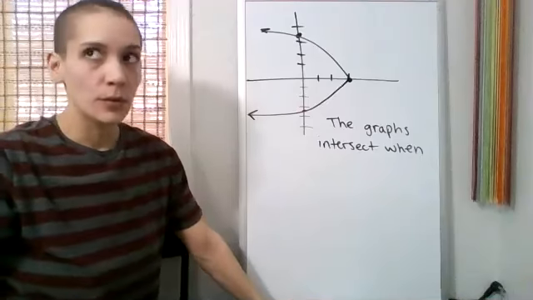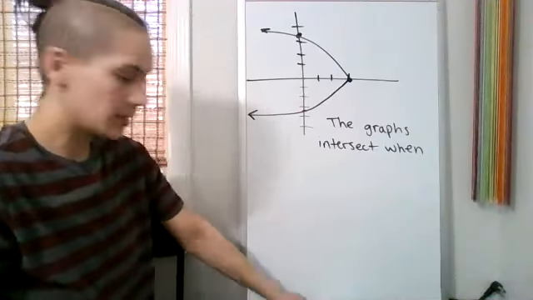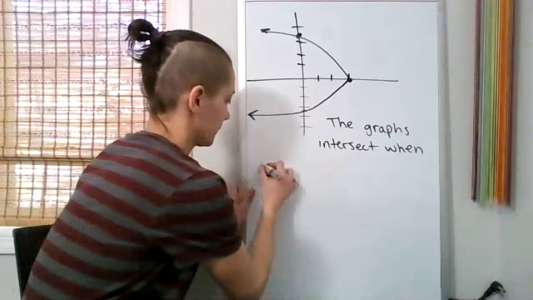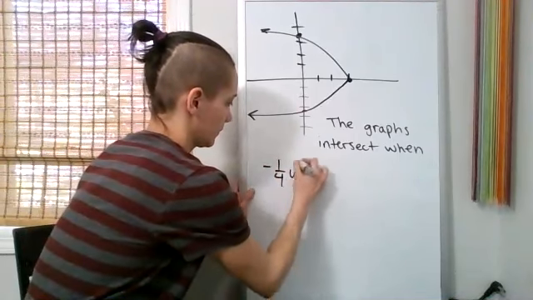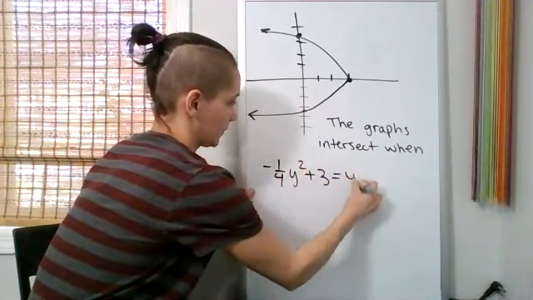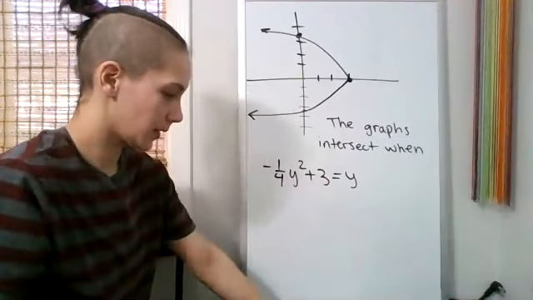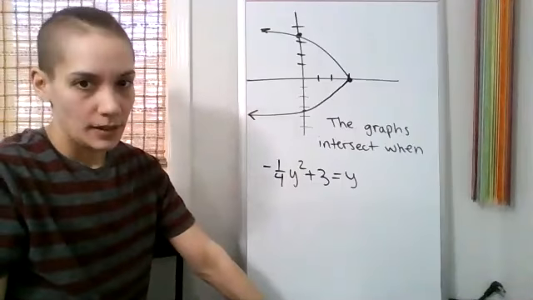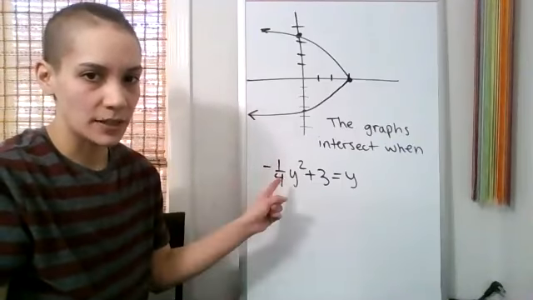Okay, so when negative 1/4 y squared plus 3 equals y. Okay, I multiplied everything by 4 to get rid of the fractions.